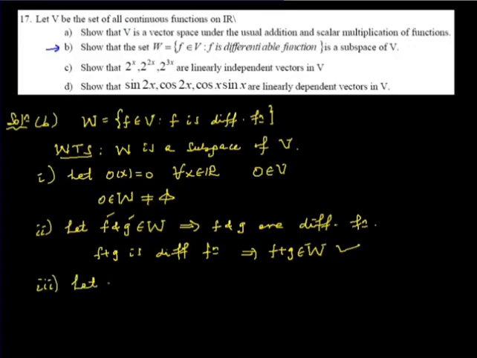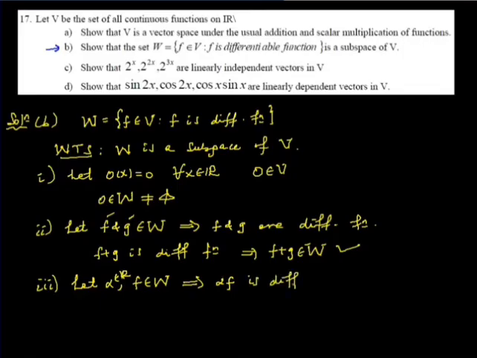Okay ሁለቱ functions in W ናቸው, therefore addition of vectors is closed. ሶስተኛው ምንድነው? Let there be a certain real number alpha and f an element of W. Okay, this alpha should be an element of real numbers. Okay, so f is in W ስንል f is differentiable ማለታችን እንደሆነ መዘንጋት የለበትም. So alpha times f for any real number alpha is differentiable.